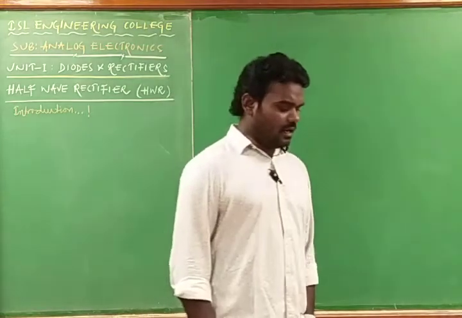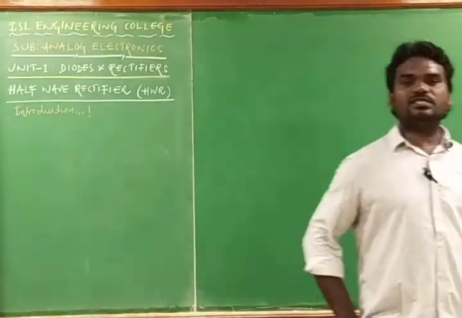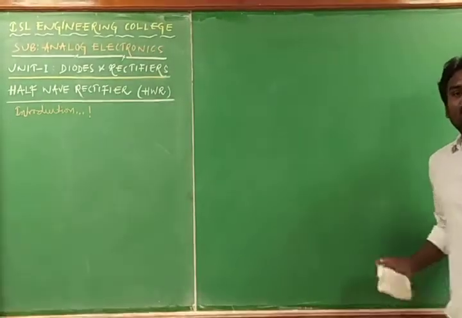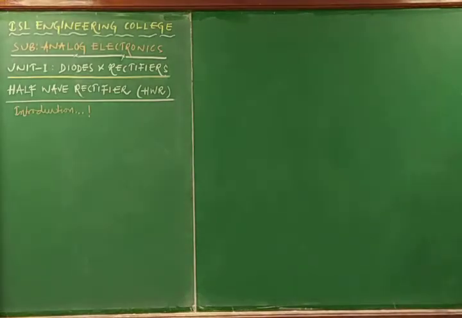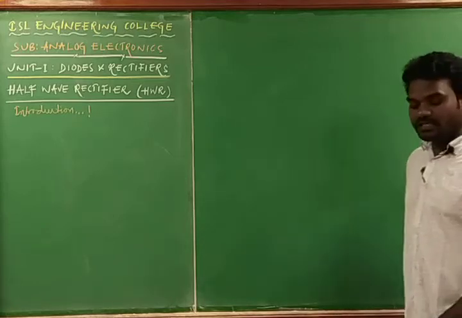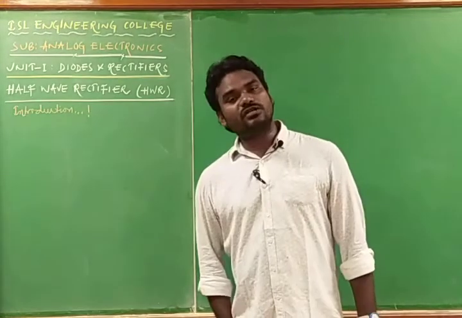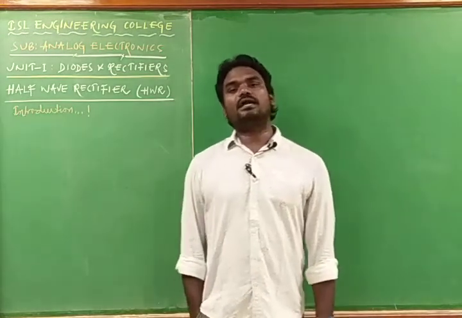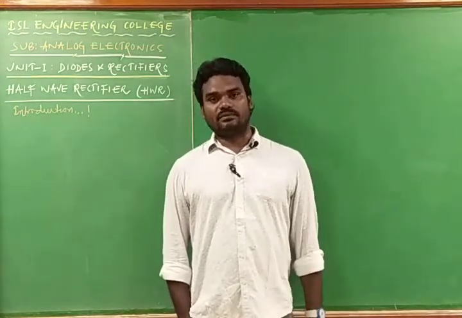And in achieving the rectification, the main component is the PN junction diode. PN junction diode is a popular electronic component which can conduct the current in one biasing voltage.